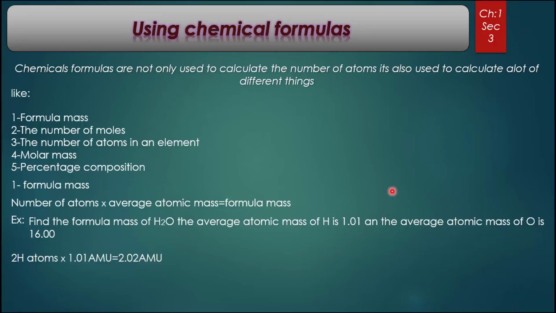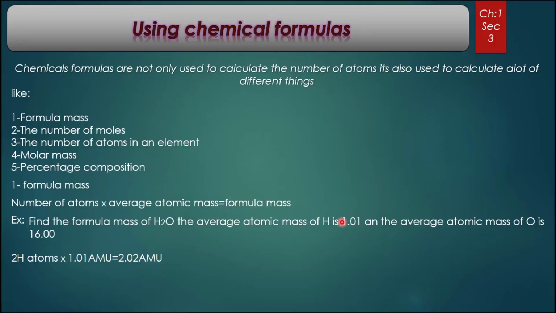So we will use the formula, the number of atoms. The number of atoms of hydrogen here is 2. So we will say 2 hydrogen atoms times 1.01 AMU, because the average atomic mass of hydrogen is 1.01 AMU.